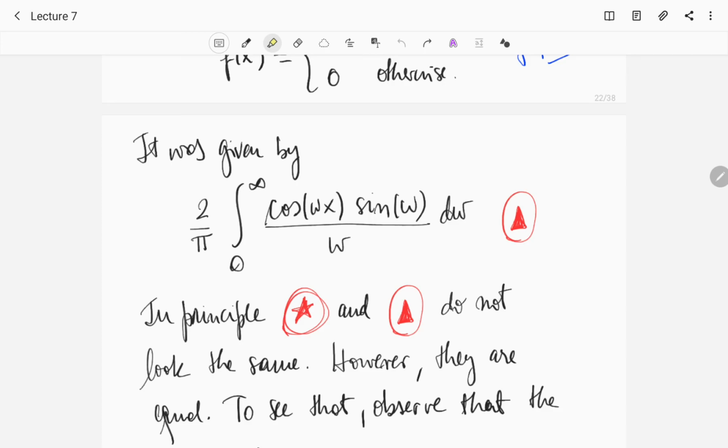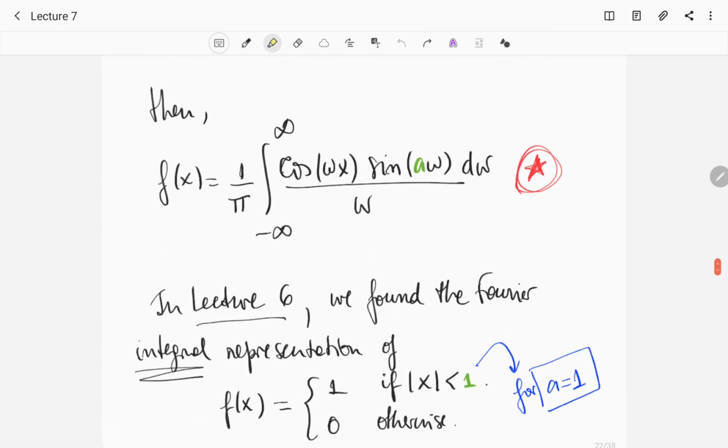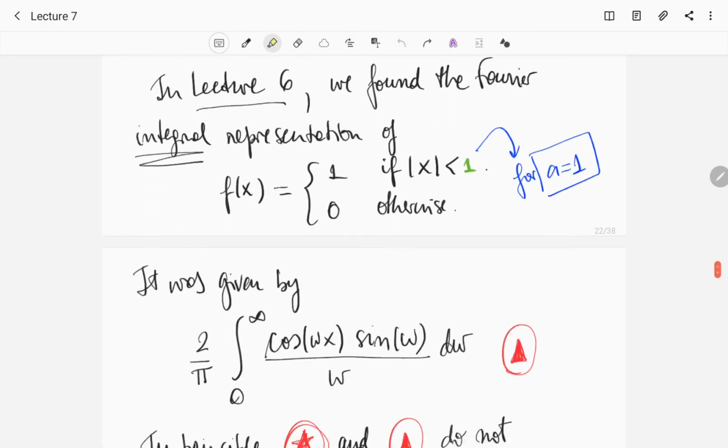So we are going to see that. So remember, this red triangle is this guy, which is the Fourier integral representation of our function f. And this, but with a equal to 1, is the Fourier transform of our function. Okay, let's compare these two guys.